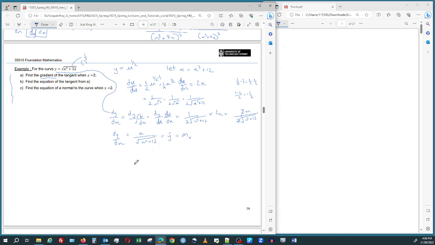Okay, so what we want to do here then is consider the gradient at 2. So we've only done that bit of A. And so the second bit is to use function notation, any one of those, at 2, or y dash at 2, mt, it'll all be the same.